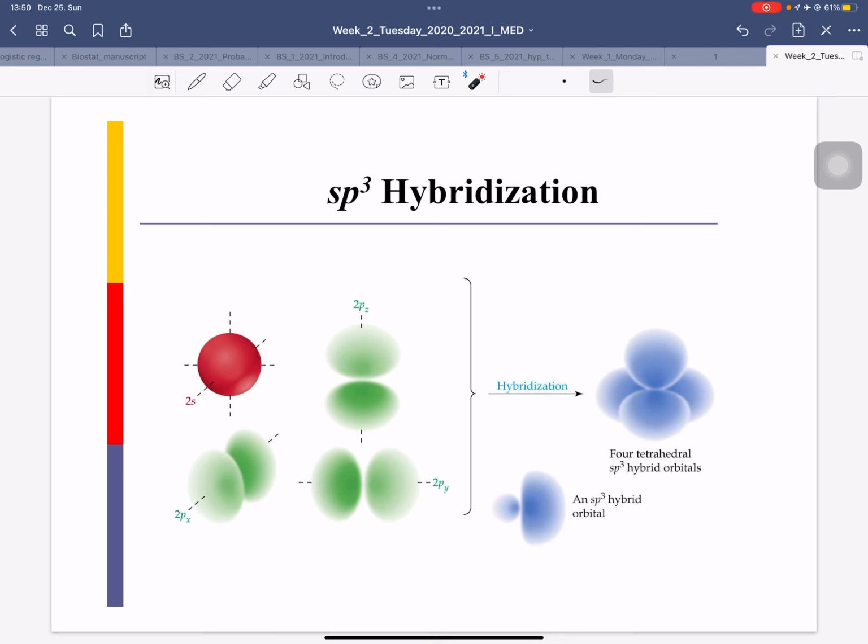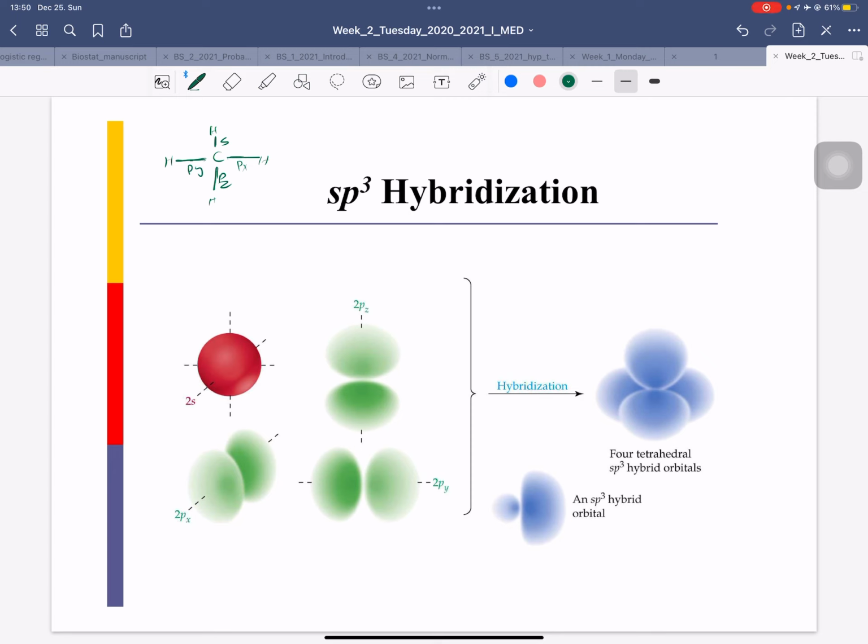Okay, as you remember, for example, methane is C with 4 bonds. One of them is the s, which is spherical and the radius is shorter, and the p orbital is longer. We would have this shape if we used s and px, py and pz, for example, in the production of methane. But in practice, we see the size of all the bonds in methane is the same.